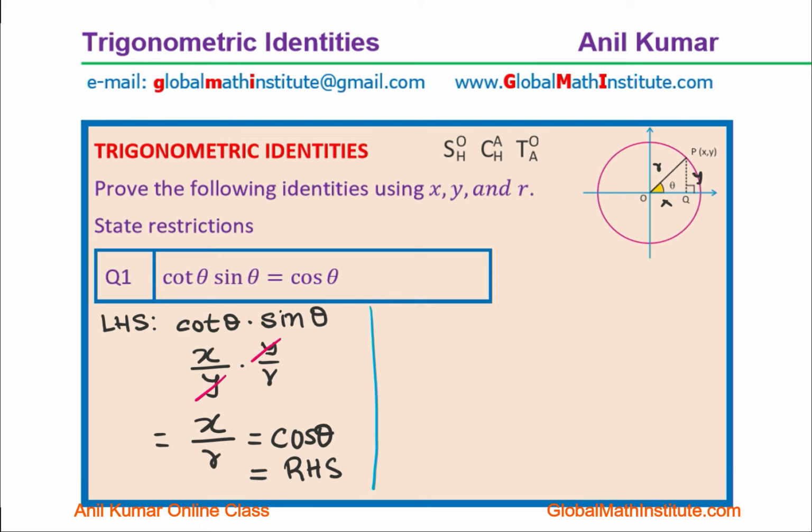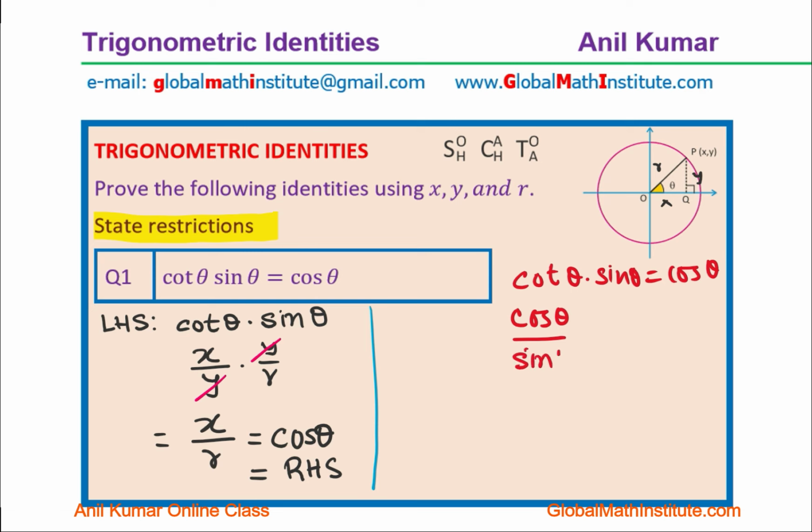Now the second part of this question is to state restrictions. How do we state restrictions? Well, let's rewrite. We are given cot theta times sine theta equals cos theta. So what is cot theta? Well, cot theta is the ratio of cos over sine, so it is cos theta over sine theta.